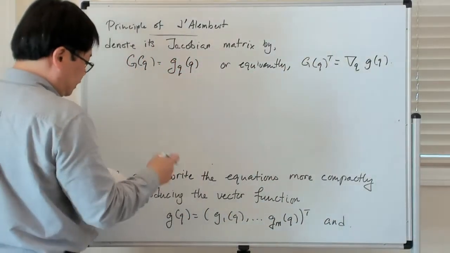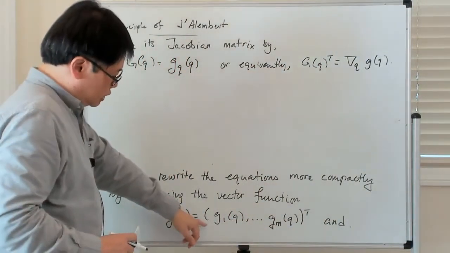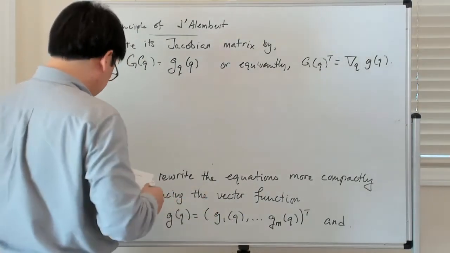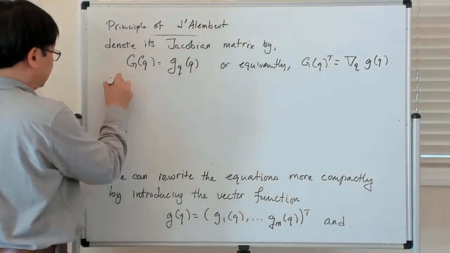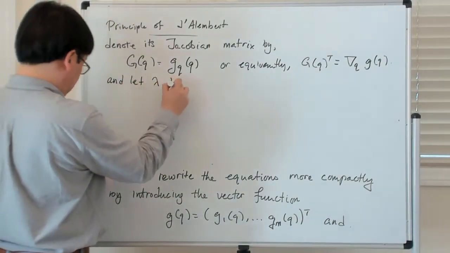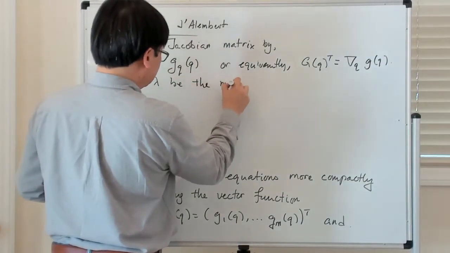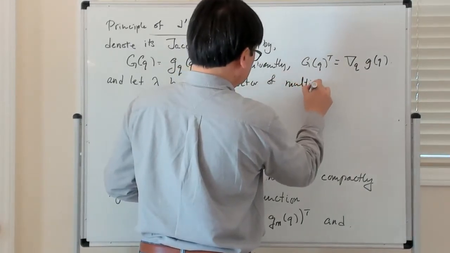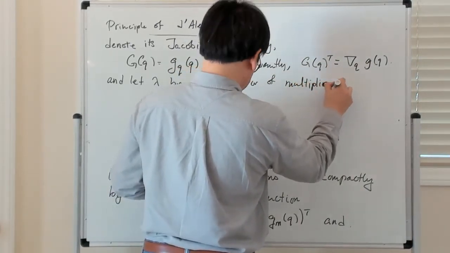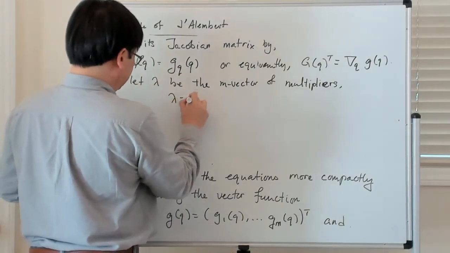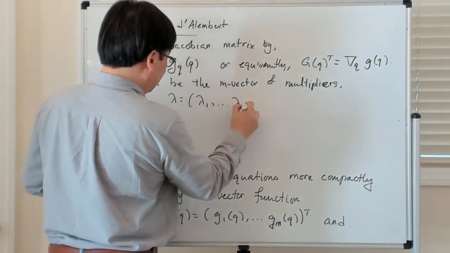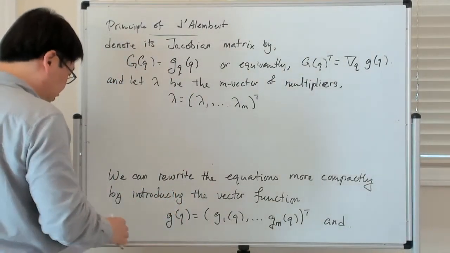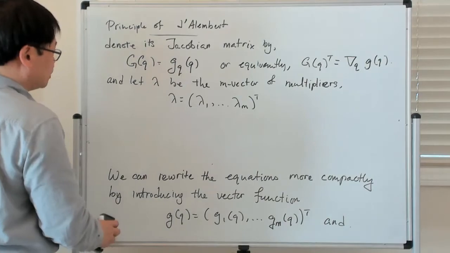Okay, and then the same way that you put all the constraint functions together, you can put all the multipliers together as well. Let lambda be the M vector of multipliers, so lambda is lambda 1 to lambda M, whole thing transposed. With that notation, you can write things much more simply.